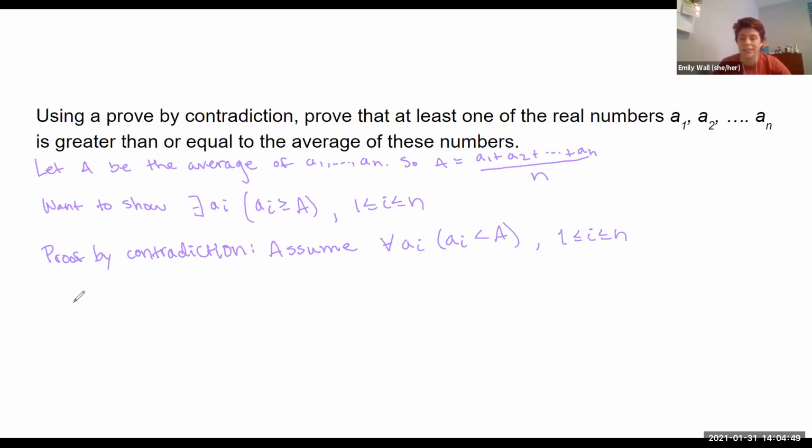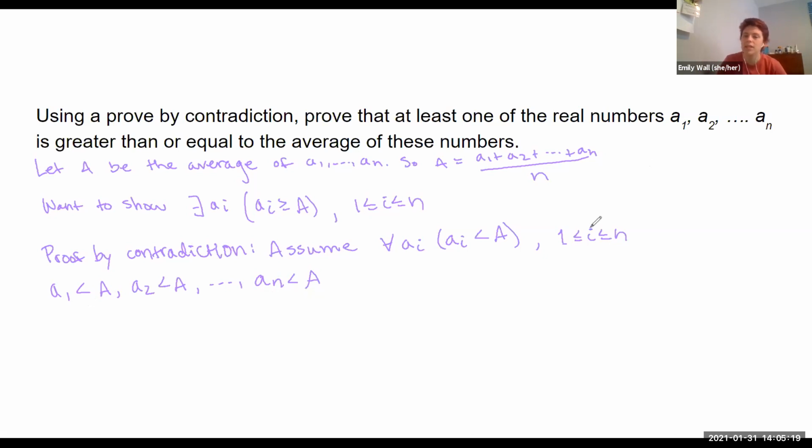And now we need to actually do stuff, which is unfortunate. And what should we do? Well, one of my first steps is usually to write out what this assumption is giving me in the fullest way I possibly could, just to see what I have. So I rewrote the assumption, but we know A1 is less than A, A2 is less than A, all the way to An is less than A. And now we need to do something with this fact.